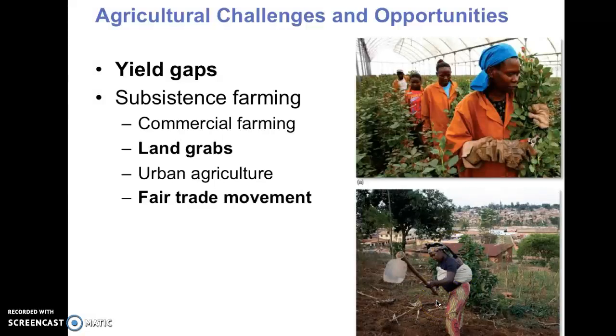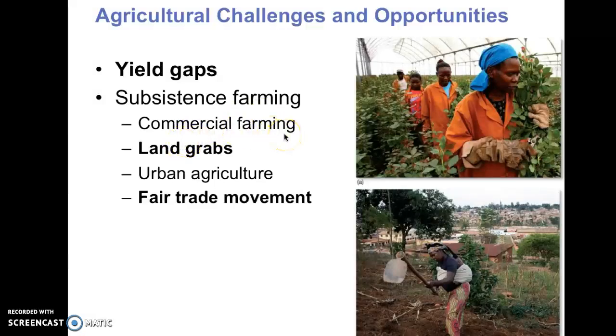They can't survive. And so what you have is simply subsistence farming. And subsistence farming simply means that you consume whatever you grow. So if you have a good year, you may eat well. If you have a bad year, you may not eat at all.